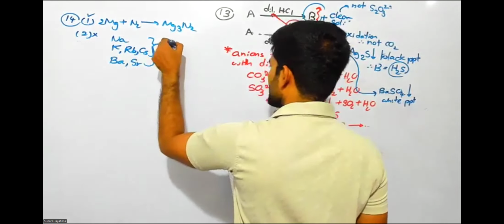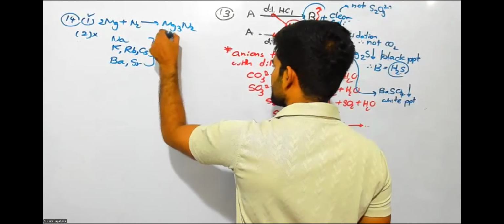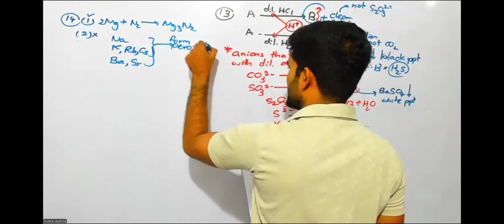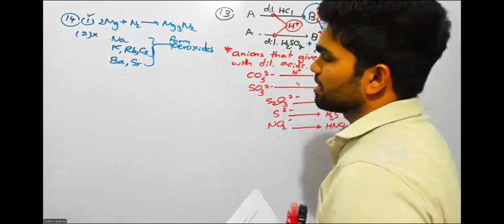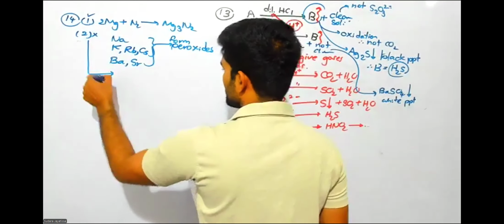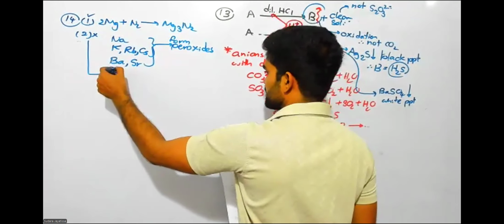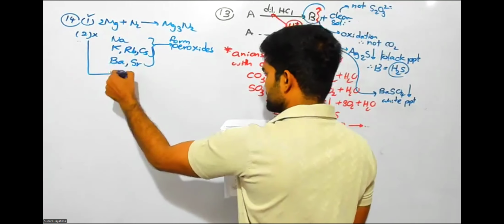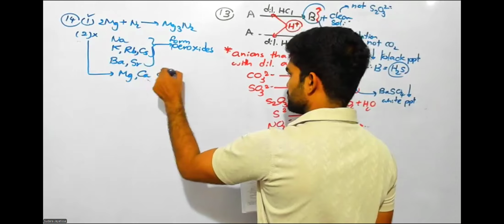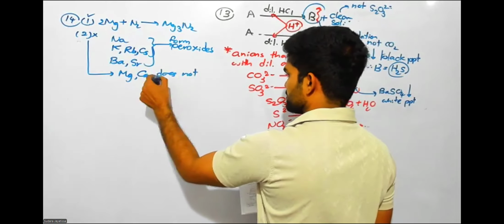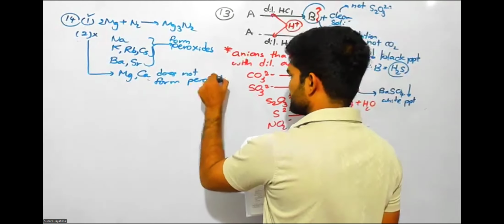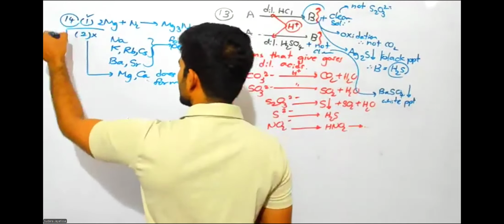These are the metals that form peroxides. Understand? So this is wrong because magnesium and calcium do not form peroxide. This is our answer, since they are asking for the incorrect one.